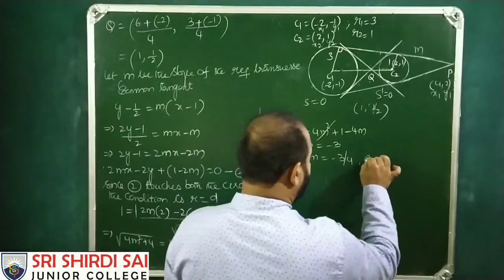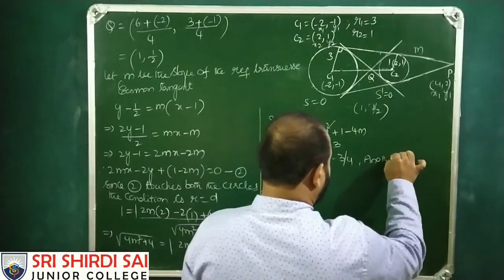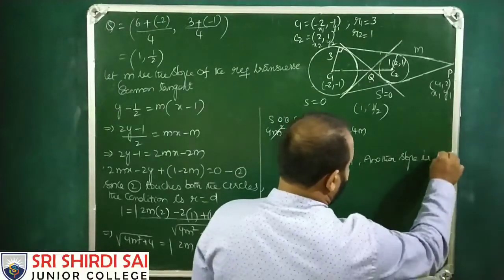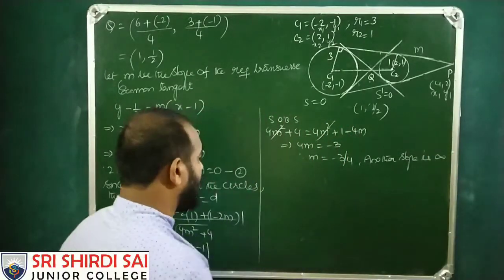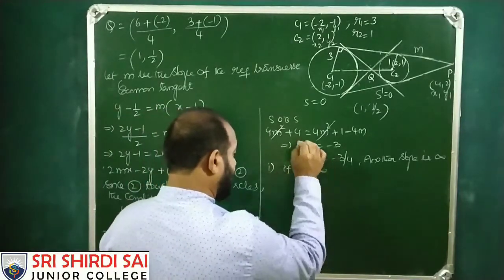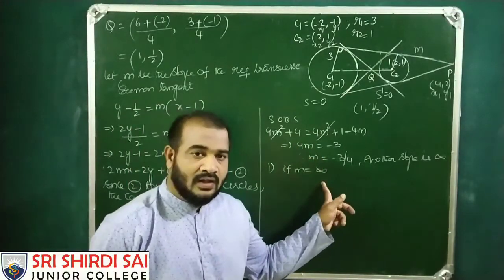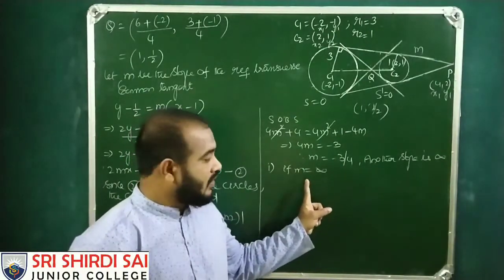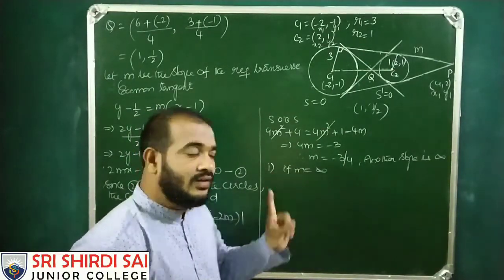So another slope is how much? Infinity. So case 1, if m equals infinity, if the slope is infinity, that means this is a vertical line. So what is the equation of the vertical line?